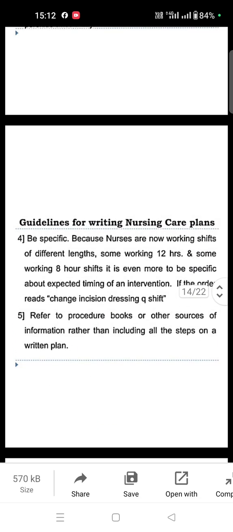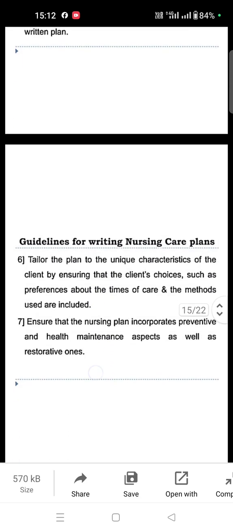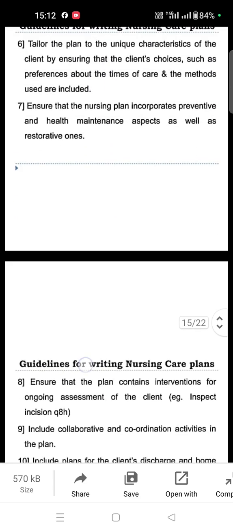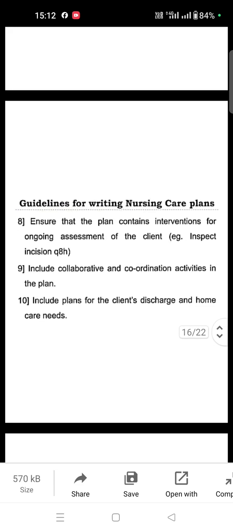Guidelines for writing the nursing care plan: nurses now work shifts of different lengths. Somebody works 12 hours, 8 hours, or 6 hours, so we want specific interventions, for example change dressing every shift. Refer to procedure books and other sources of information to write the plan correctly.